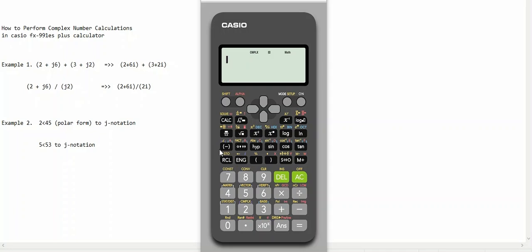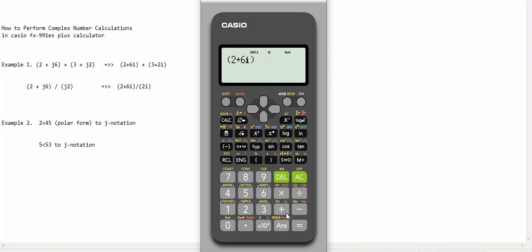To do that, I will press my bracket and do 2 plus 6, and I introduce my complex number here. You can see it here. So if I close this, we have introduced it.